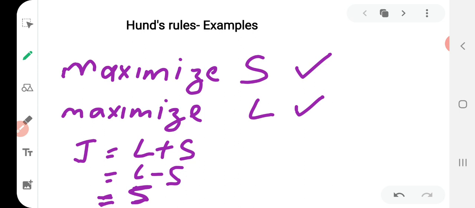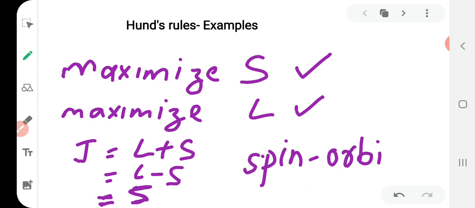And the third step was to find J according to the condition: J is equal to L plus S if the subshells are more than half filled, J is equal to L minus S if the subshells are less than half filled, and J is equal to S if the subshells are just half filled. By selecting these values of J, we reduce the spin orbit interaction or spin orbit coupling, that is, LS coupling and JJ coupling.